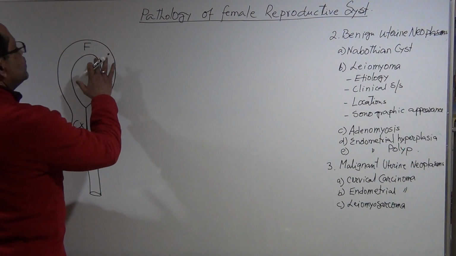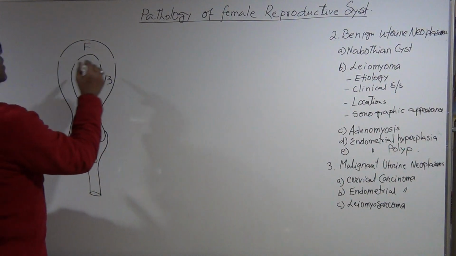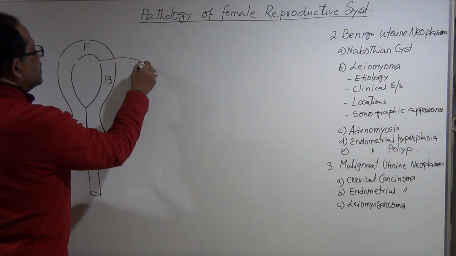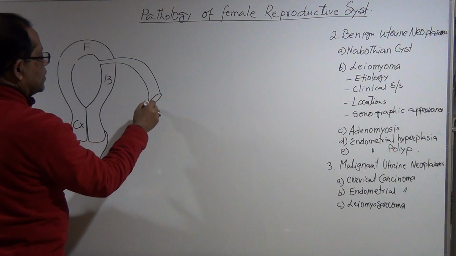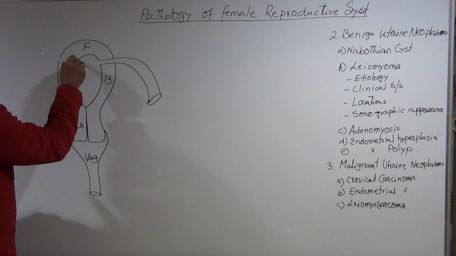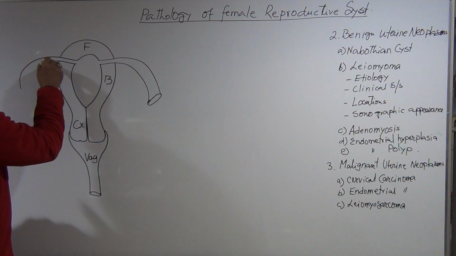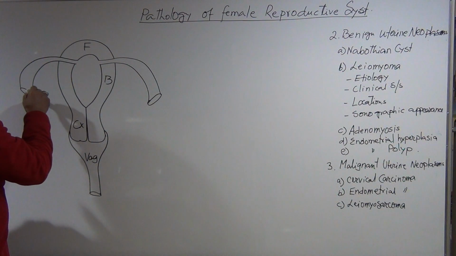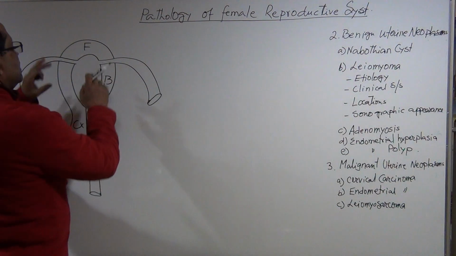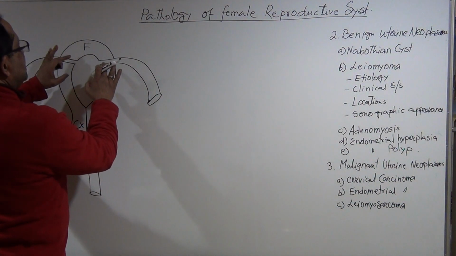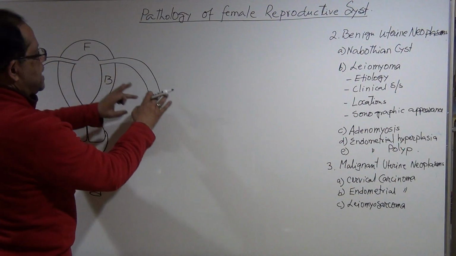And as we know, there are two fallopian tubes. They arise from the fundal level, and it communicates with the uterine cavity and the pelvic cavity.